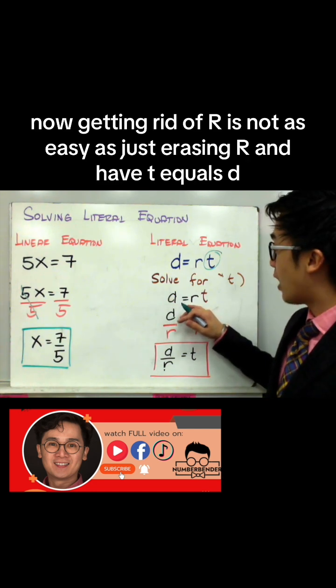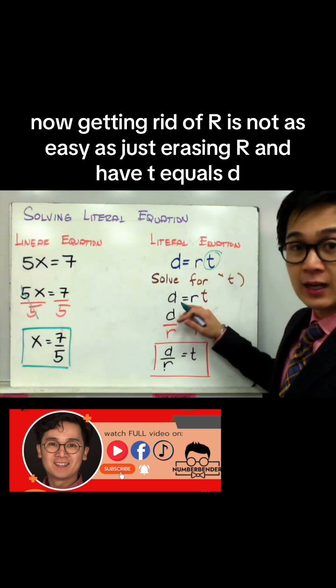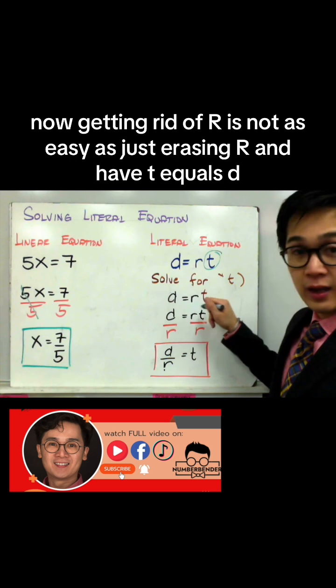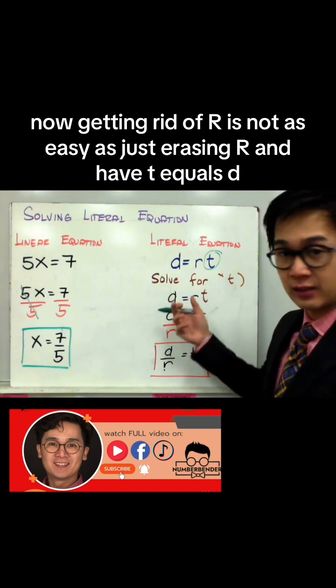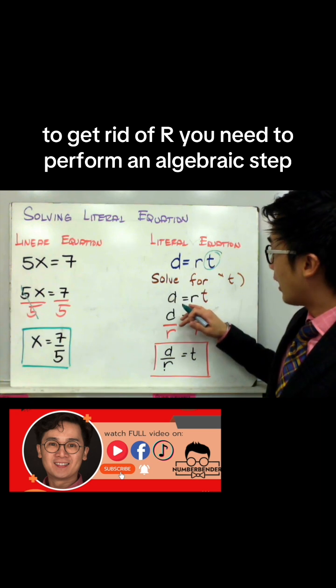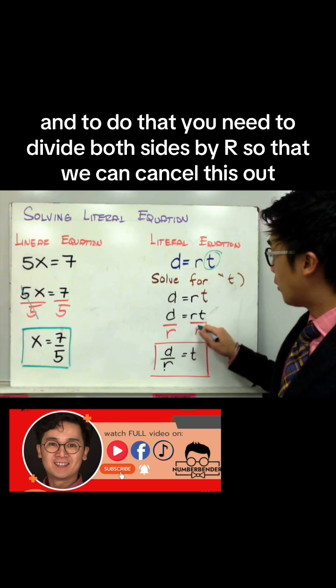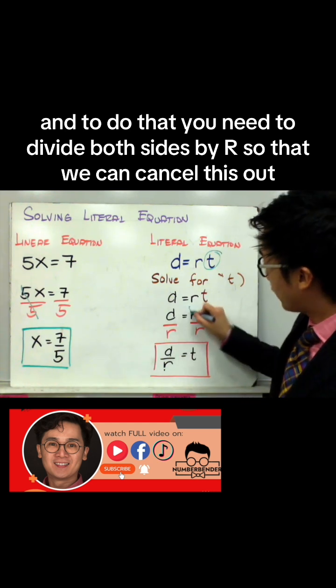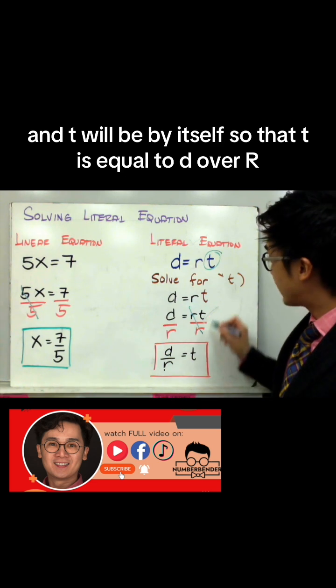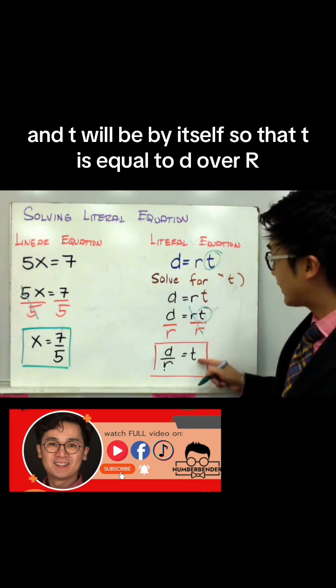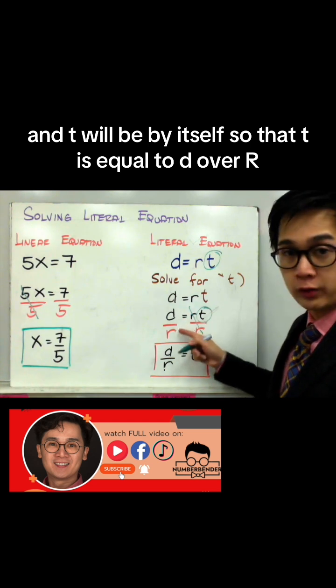Getting rid of r is not as easy as just erasing r and having t equals d. You need to perform an algebraic step: divide both sides by r so that this cancels out, and t will be by itself, so that t is equal to d over r.